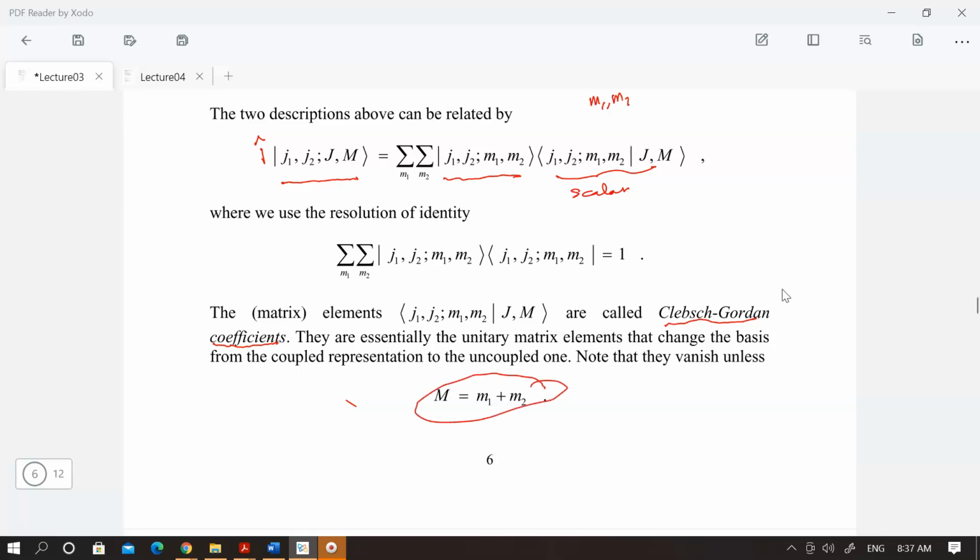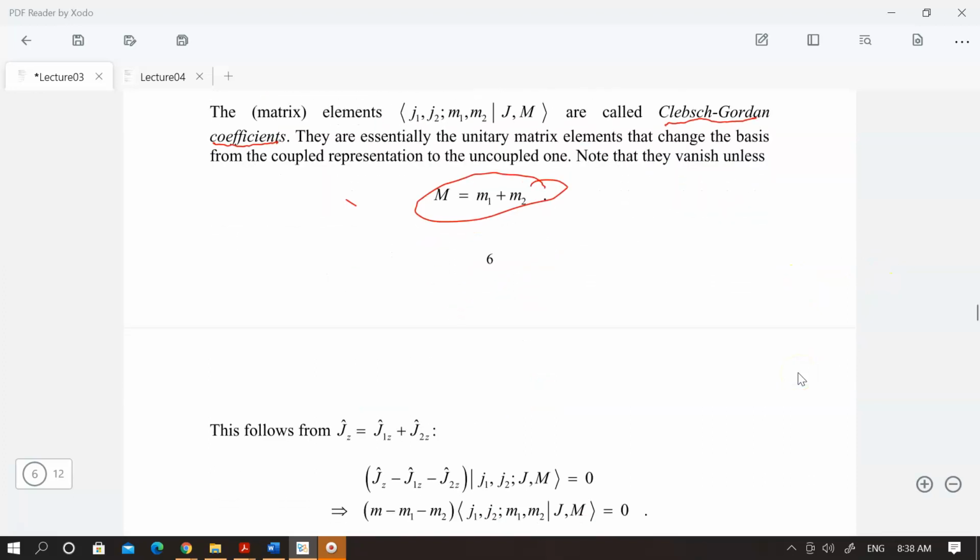This is coming from the Z component. The Z component of the total angular momenta must correspond to the addition of the Z components of the two individual angular momenta. One can think of it as adding two one-dimensional vectors, so they must correspond.